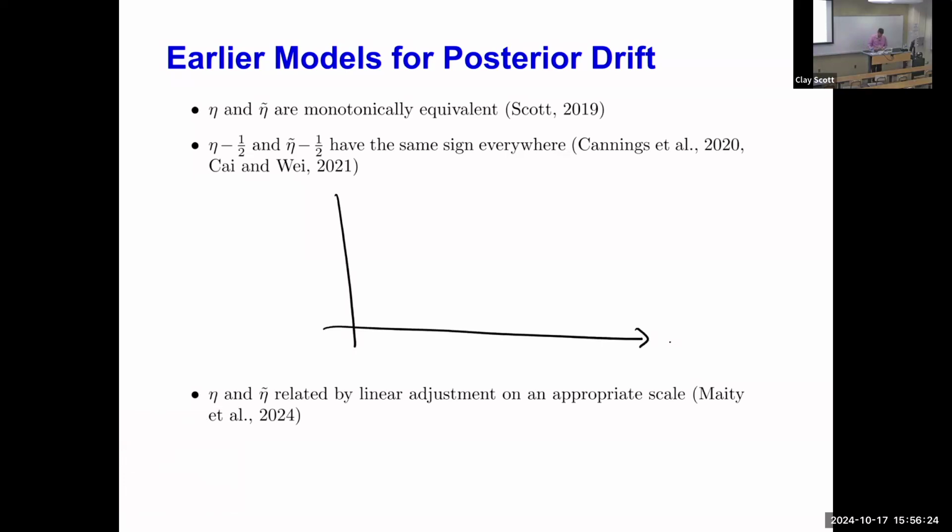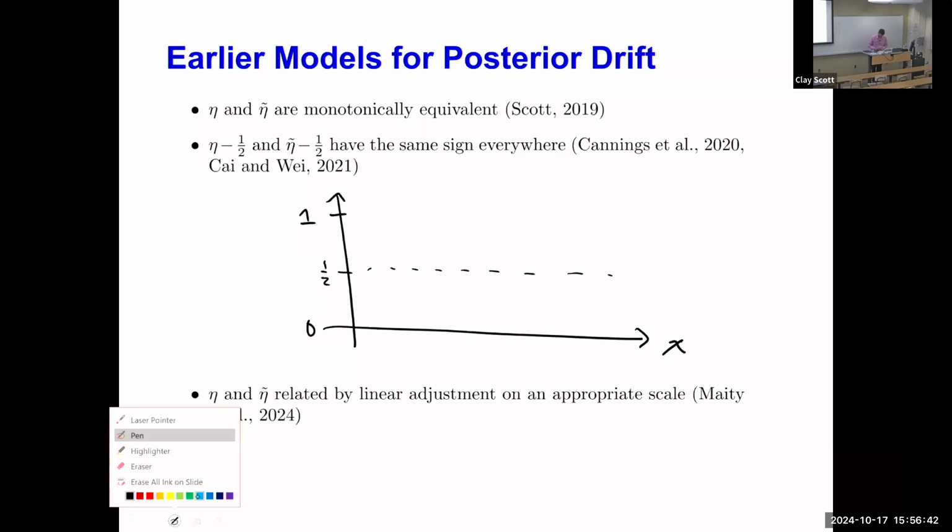If here's x, and here's my posterior probability on the vertical scale, and let's say there's 1/2, maybe the clean posterior looks like that.